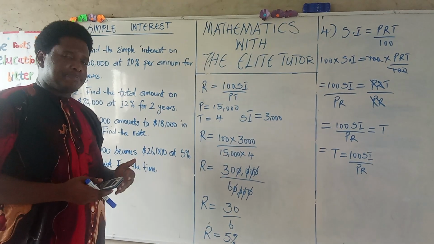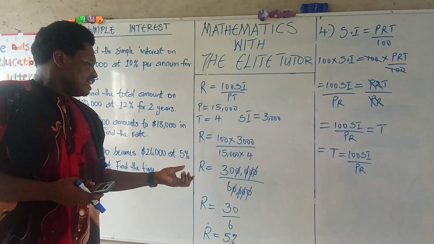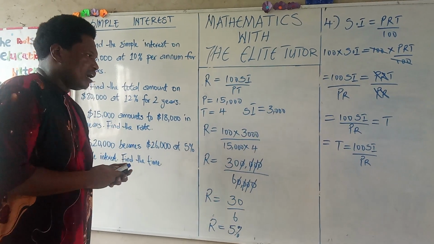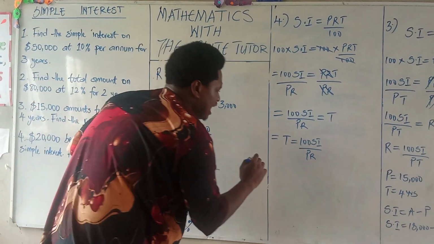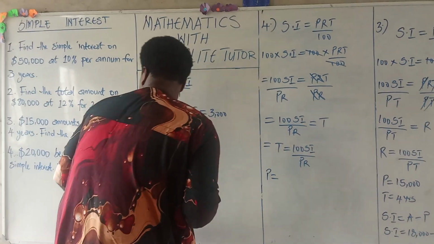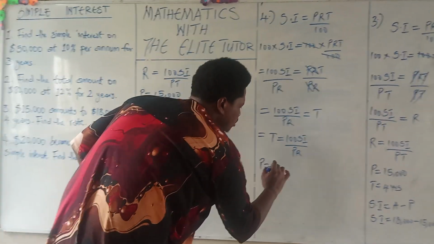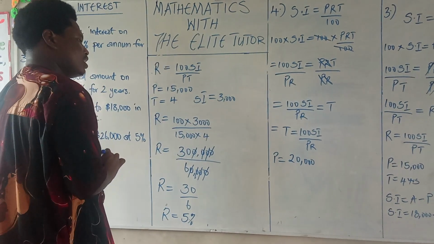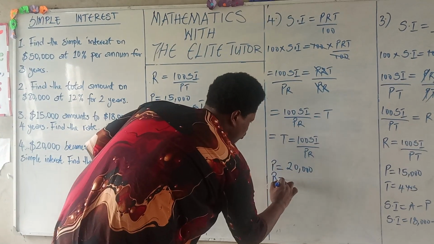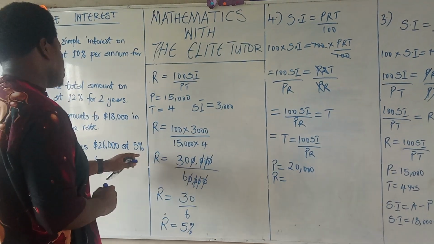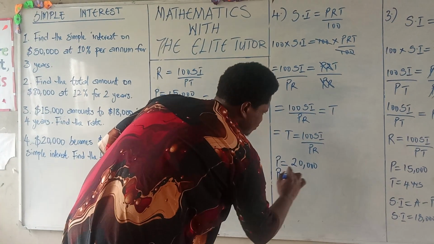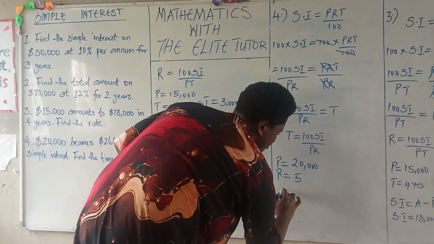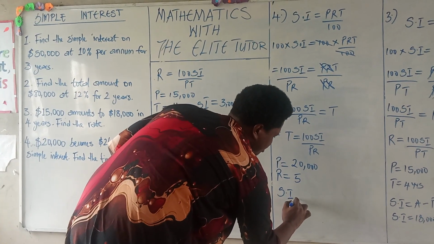Our principal here is $20,000 because that's the amount of money that was invested. Our rate in this question is 5. And then the last parameter we are looking for is our simple interest.